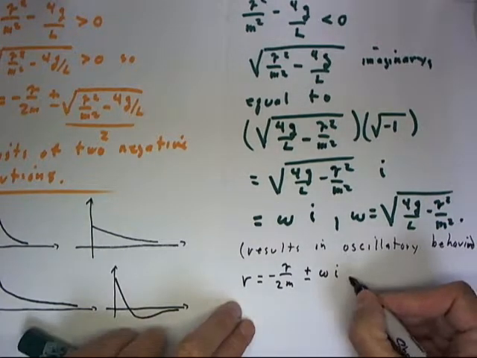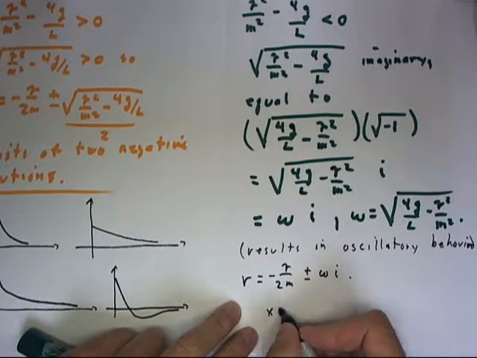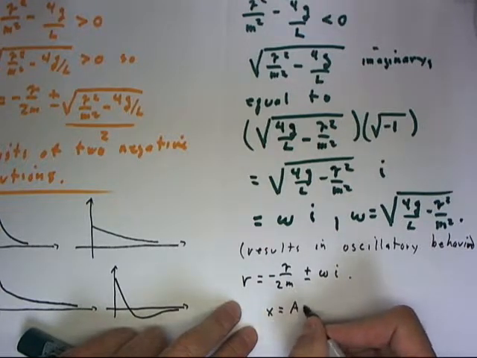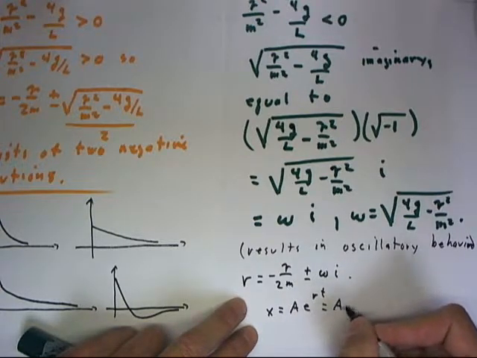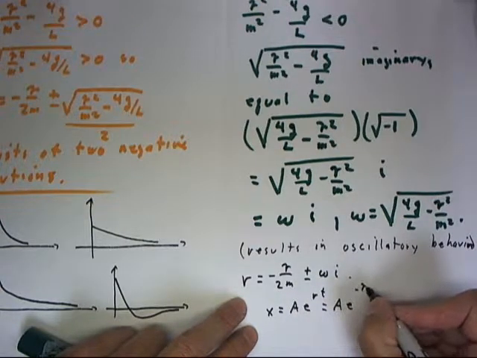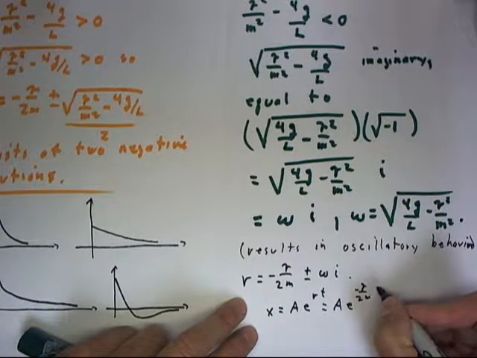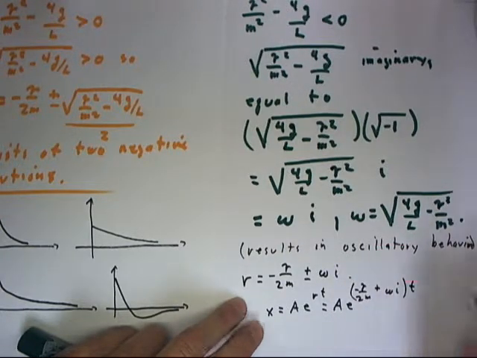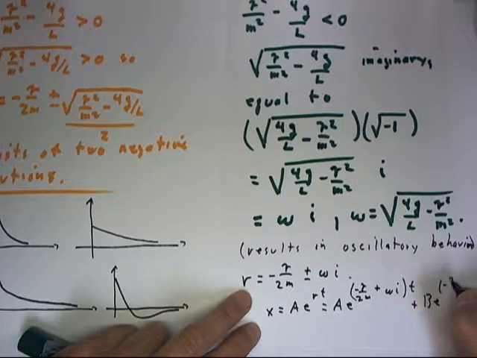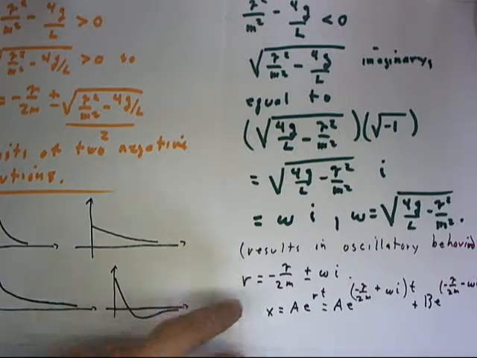So that our solution x equals a e to the rt is going to be a times e to the negative gamma over 2m plus omega i t, plus b e to the negative gamma over 2m minus omega i times t.